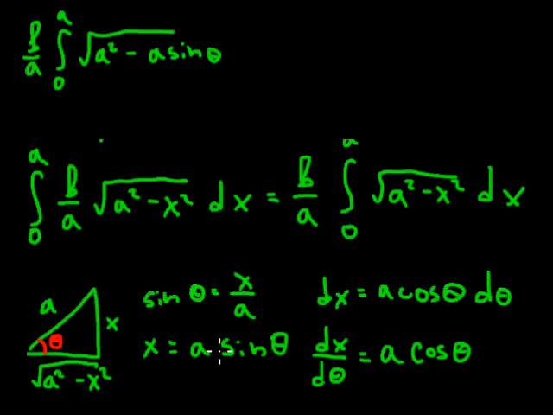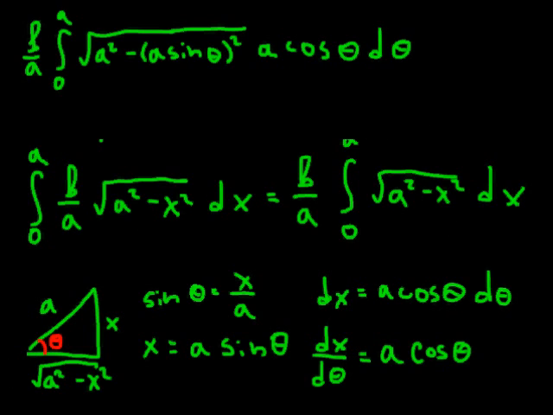When you substitute into x, there is also an exponent square. So substitute here, and our dx is a cos theta d theta. Alright, that's how we do substitution.